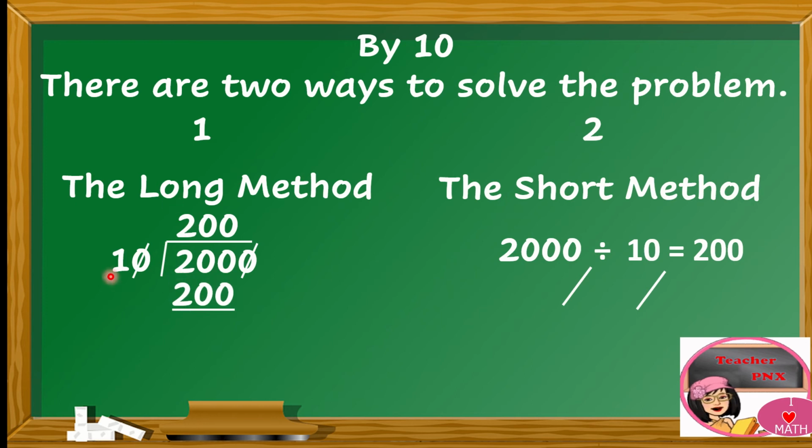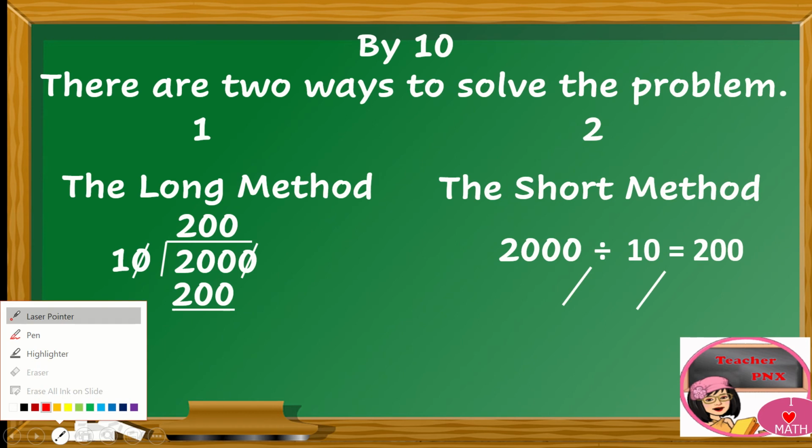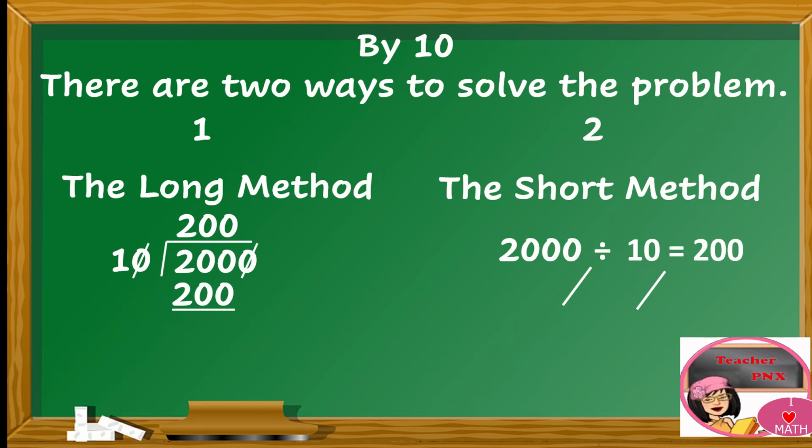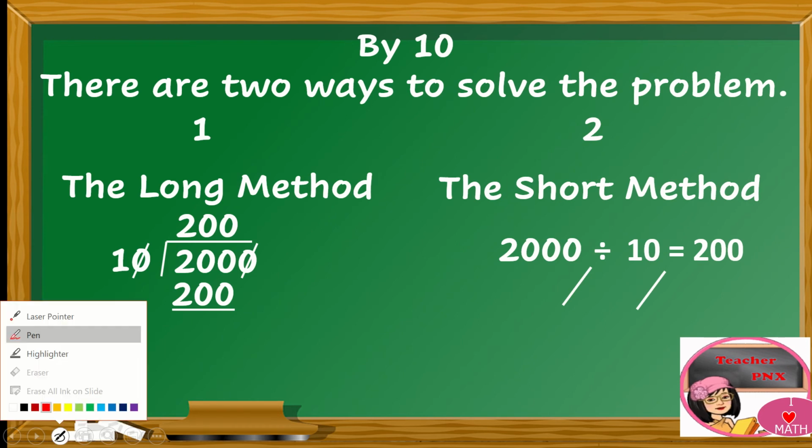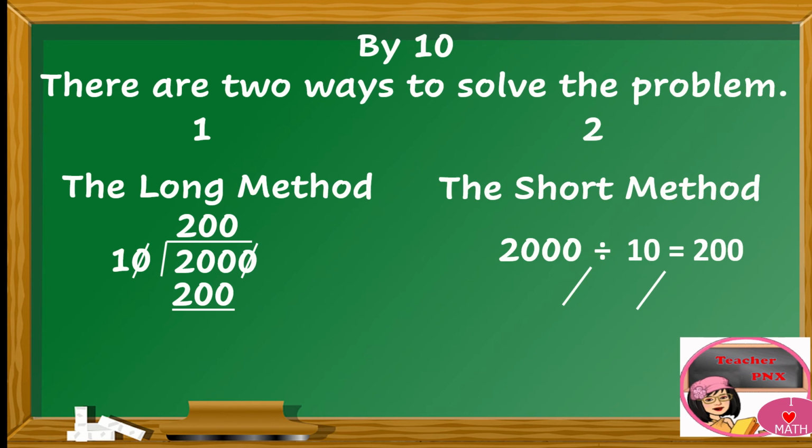Then, 200 times 1 is equals 200. Then 200 minus 200 will now become 0. So your answer in the long method is 200. Let us see kung parehas lang sila sa short method.